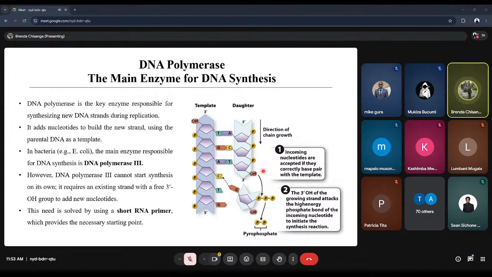When we say synthesis is in the 5 to 3, what are we trying to say? The first thing you need to appreciate is just the structure of your nucleotide. At this point, we have already added 3. We want to add the 4th one, and the 4th one must be a nucleotide carrying guanine. What should be the orientation for this reaction to take place?